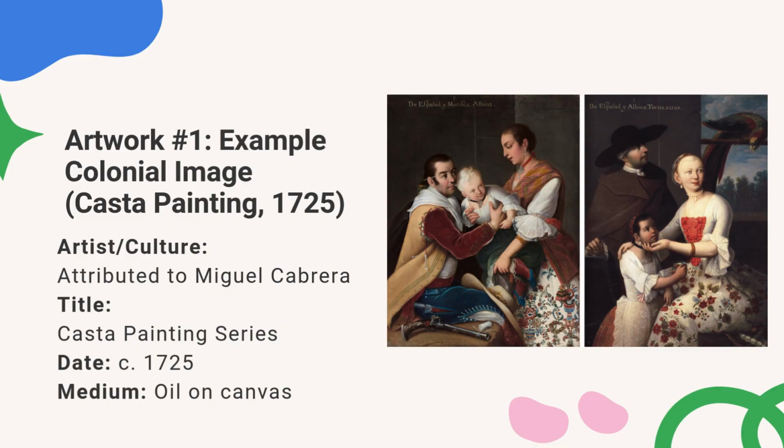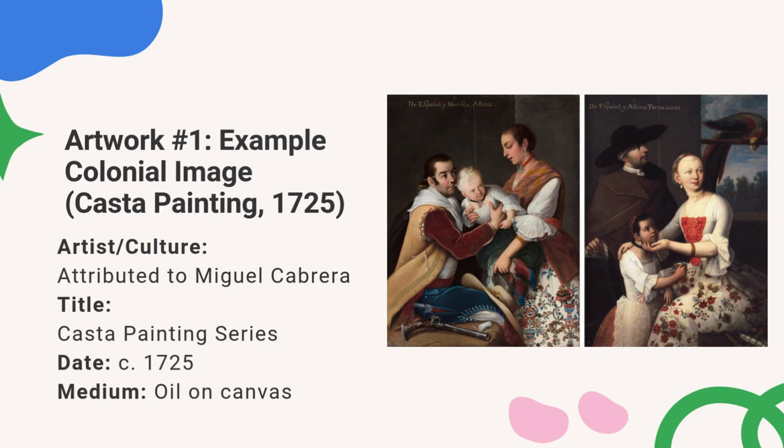The intention was to visually categorize and control social identity through art. The compositions were carefully structured, with figures arranged in idealized domestic settings surrounded by symbolic images. These paintings reinforced colonial hierarchies, but they also preserve visual traditions of storytelling and symbolism.